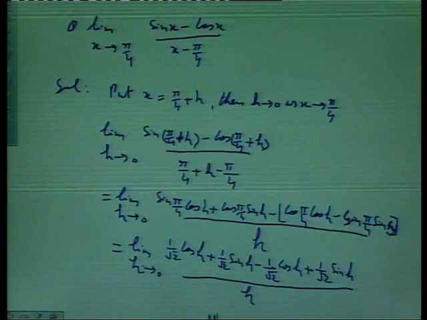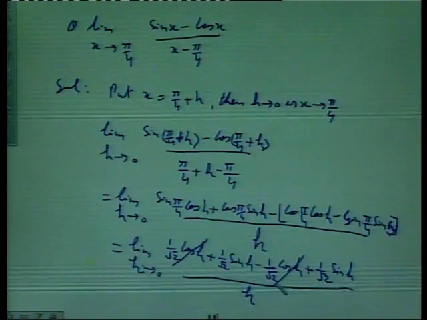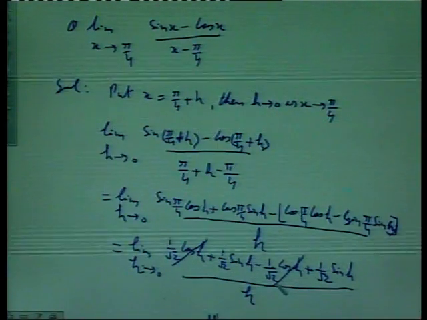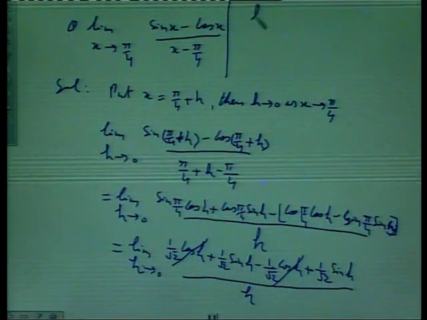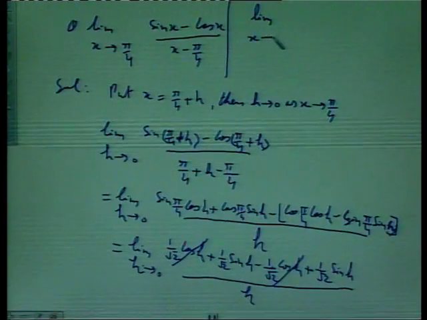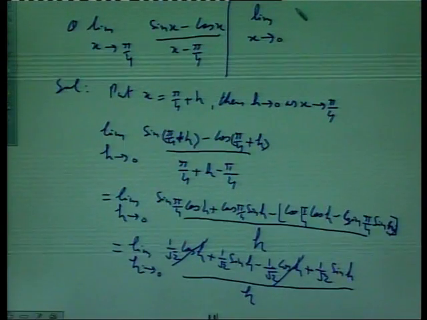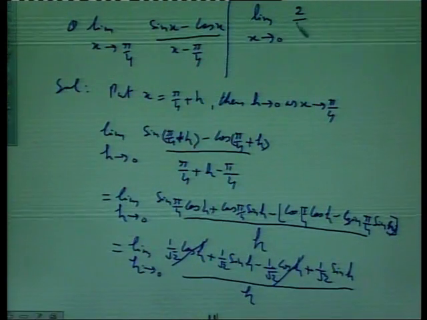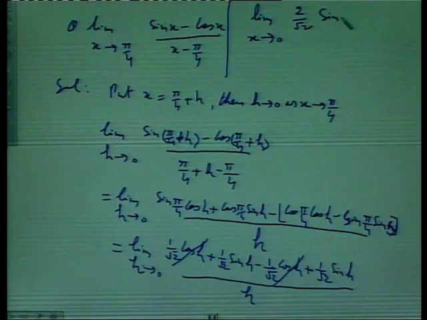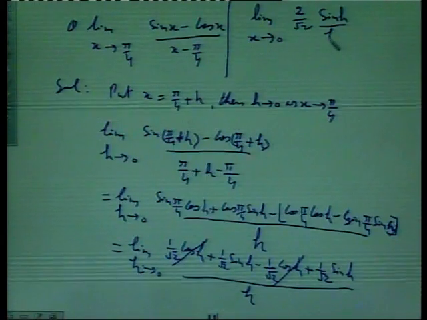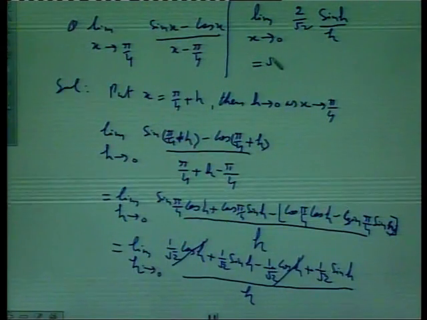Now, these two are cancelling, 1 upon under root 2 cos h minus 1 upon under root 2 cos h, and this becomes limit h tends to 0, 1 upon under root 2 plus 1 upon under root 2, 2 upon under root 2, sin h upon h. Now, 2 upon under root 2 can be taken outside, it becomes under root 2 only.